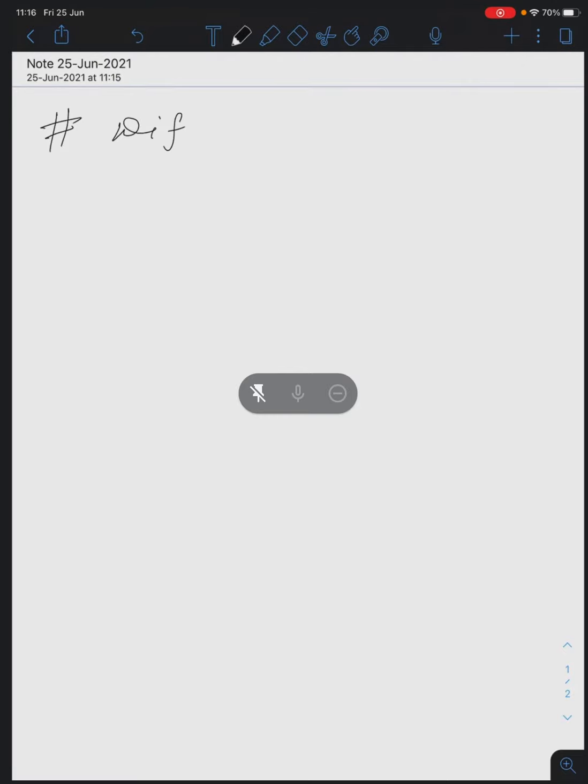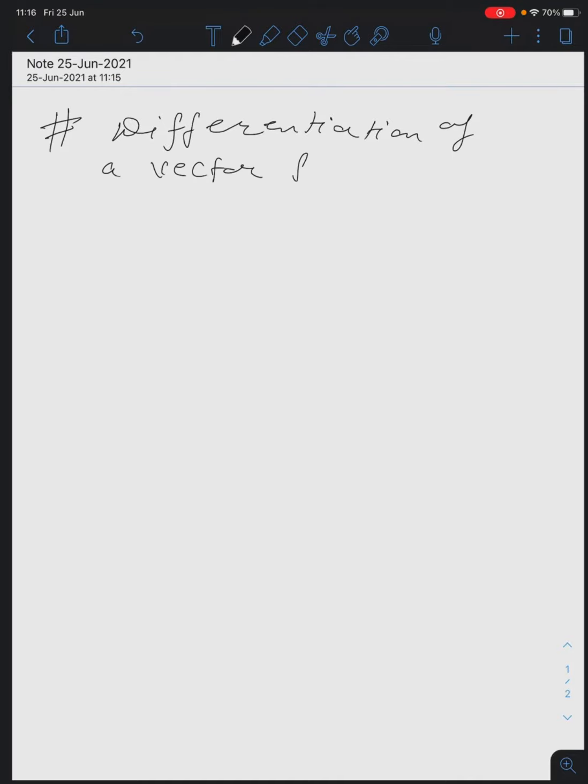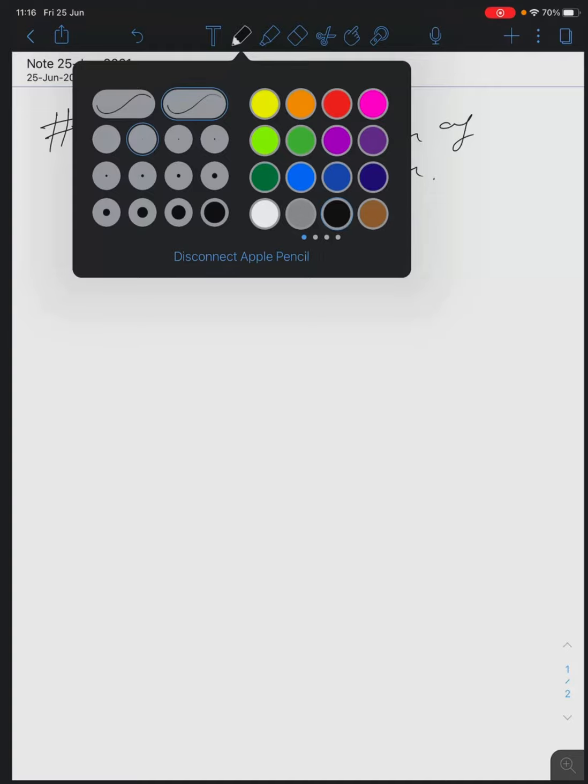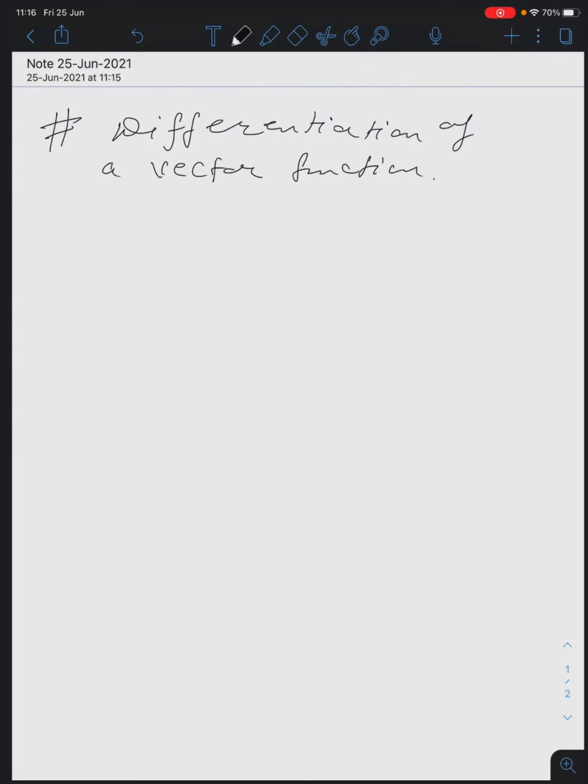Okay, so the definition won't change. The differentiation definition for any value will be the same, but here you have a vector function. First, suppose S is a set of real numbers.